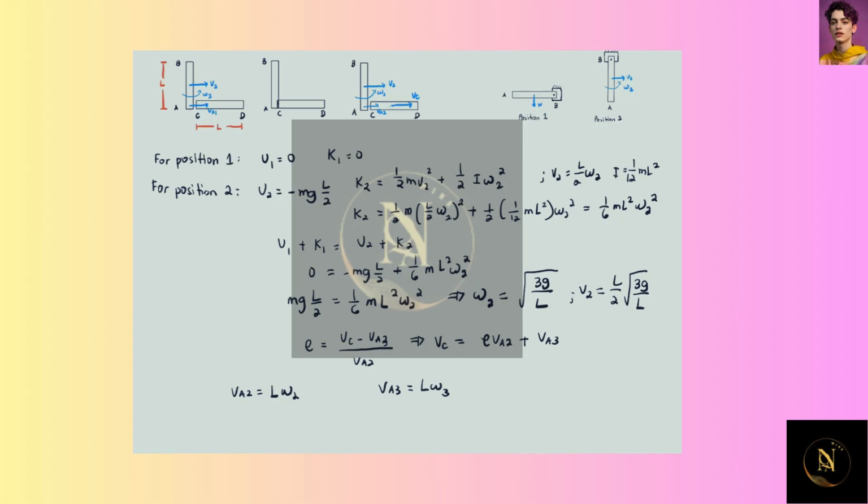Hence VC will be equal to e L omega 2 plus L omega 3, and that would be equal to e square root of 3gL plus L omega 3.